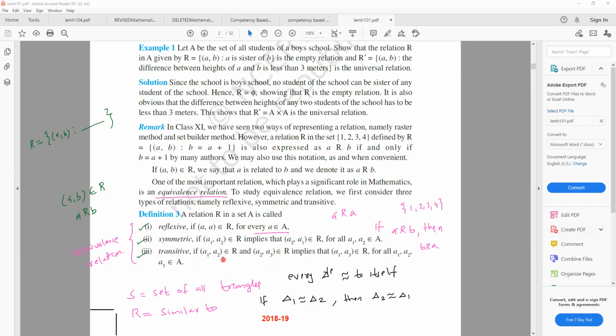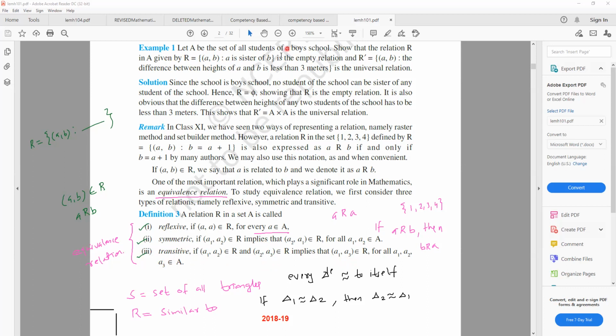So A1 is related to one element, and that element is related to a third element. The pair (A1, A2) is in the relation and (A2, A3) is in the relation. If so, the first element A1 should be related to the third element A3, then that type of relation is known as transitive.